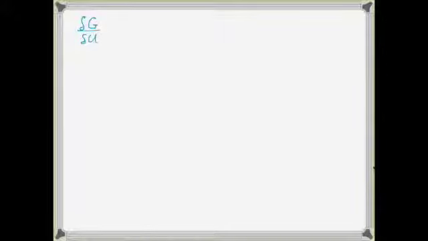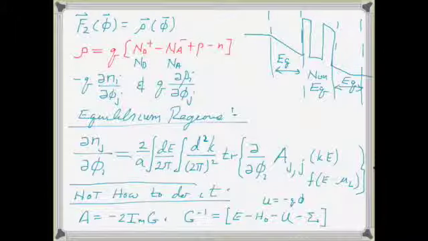And so I use the fact that dG inverse/dU is just equal to negative I, because if you look back, there's G inverse at the bottom. The U only shows up linearly, so that's clearly true.